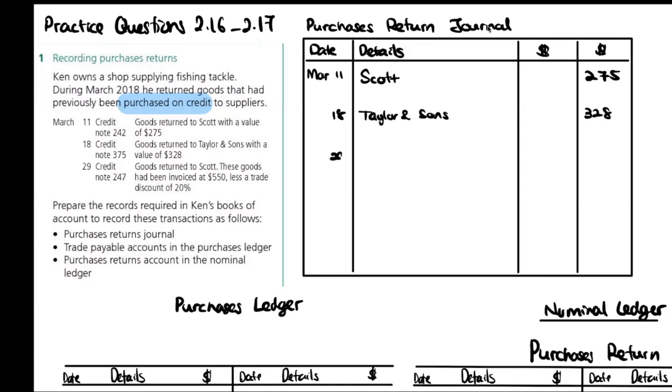And then on the 29th, goods returned to Scott. But this one has been invoiced at 550, with a less trade discount of 20%. So 20% of that would be 110.